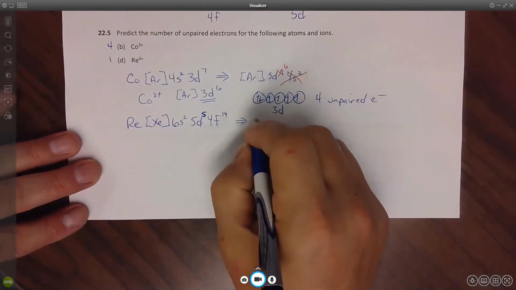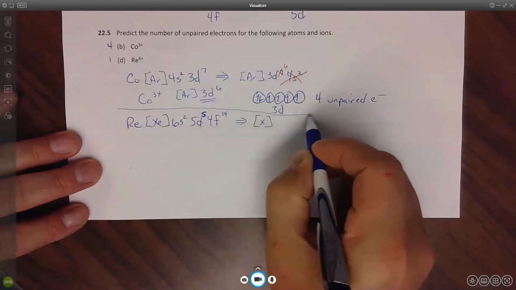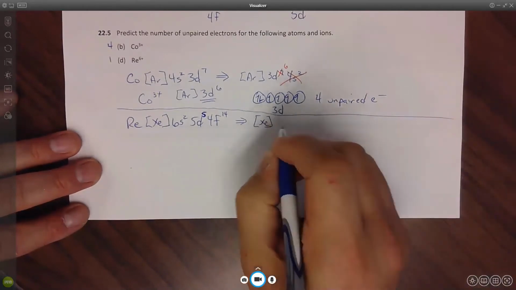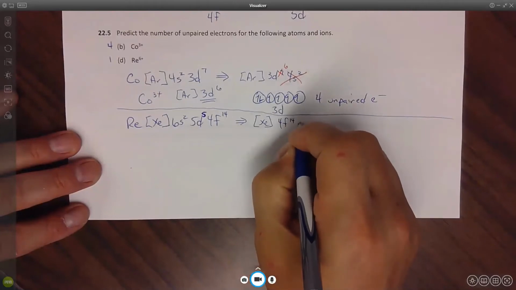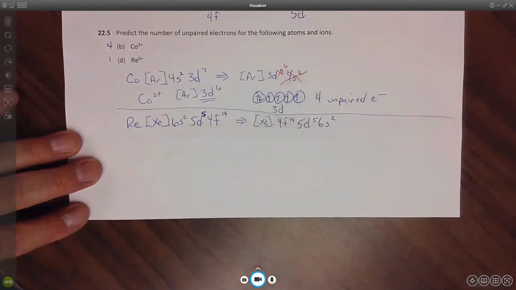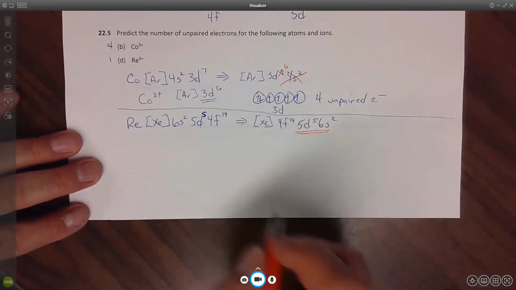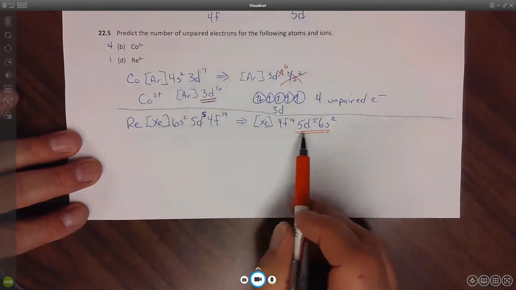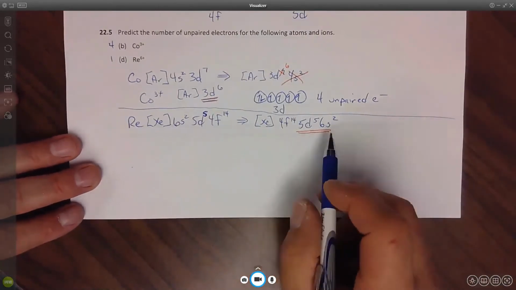So that's going to be the xenon, 4f14, 5d5, and 6s2. Again, these are now the valence electrons.